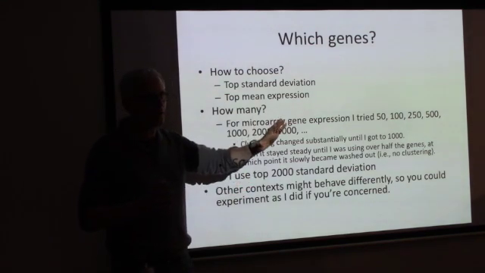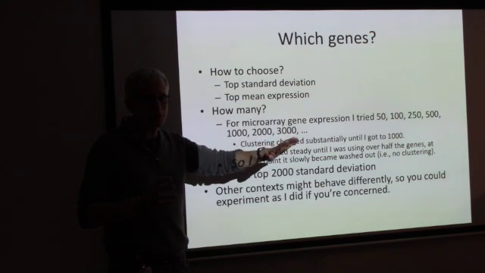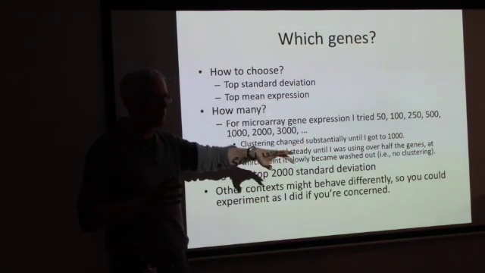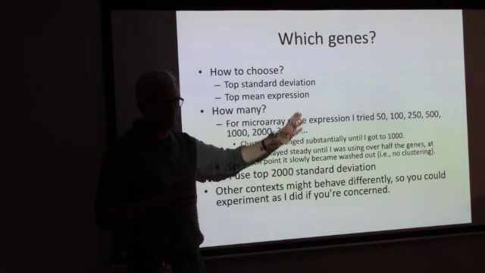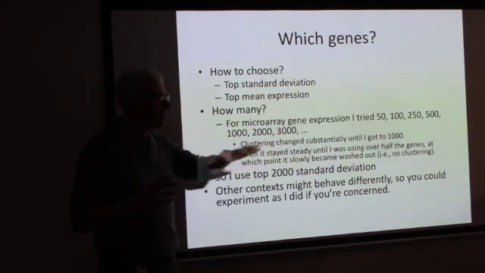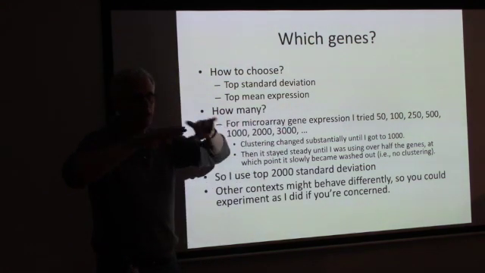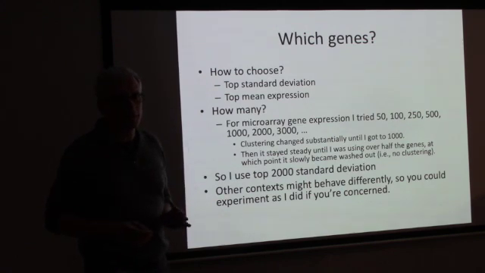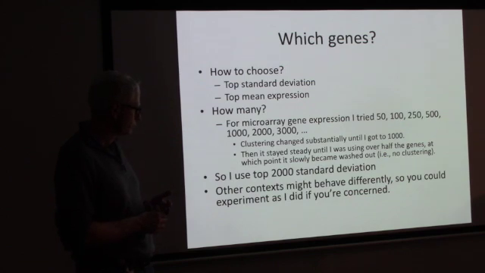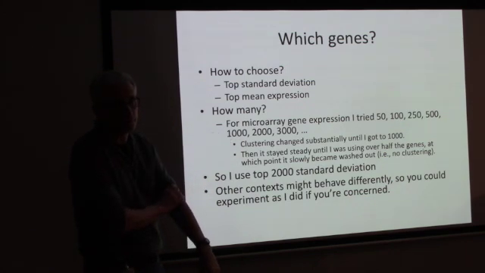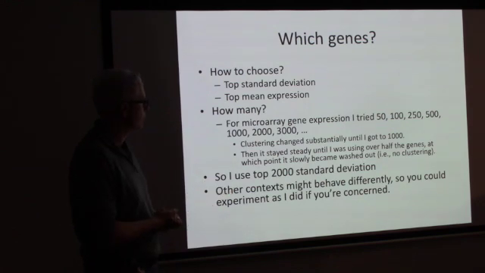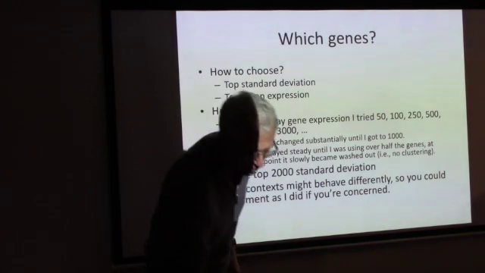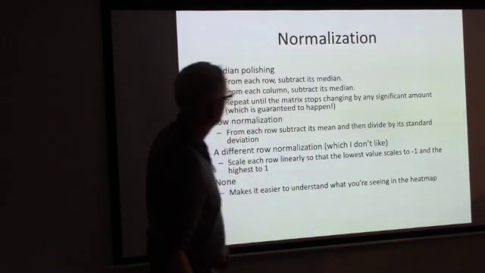Beyond 1,000, it stayed pretty steady, until I got to maybe 10,000, half the genes. And then it started washing out, and there was no real clustering anymore. So I said, all right, I'll use 2,000 from now on. That's what I've actually done. You can do a similar experiment if you're concerned that your data may be different.